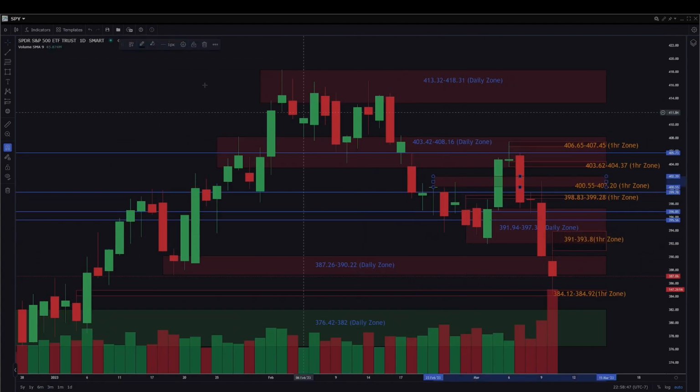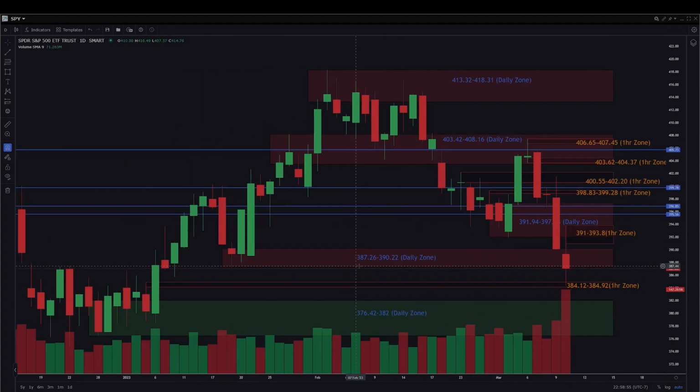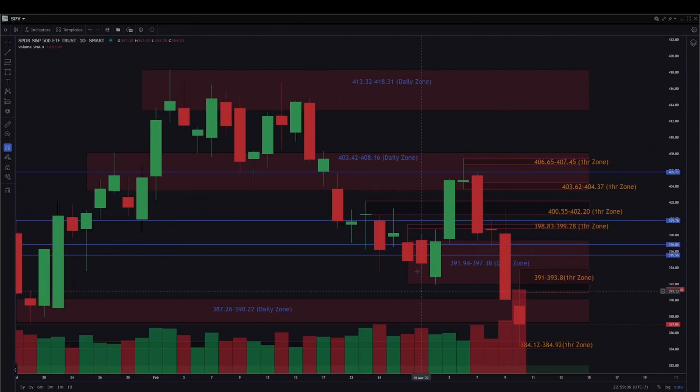This one should be an hourly zone. Don't want to confuse myself. I definitely can make this into a zone here, which I did, and I got rid of it because we created this zone right here.